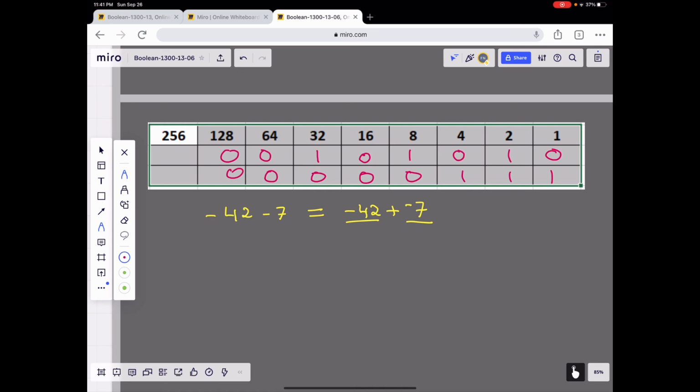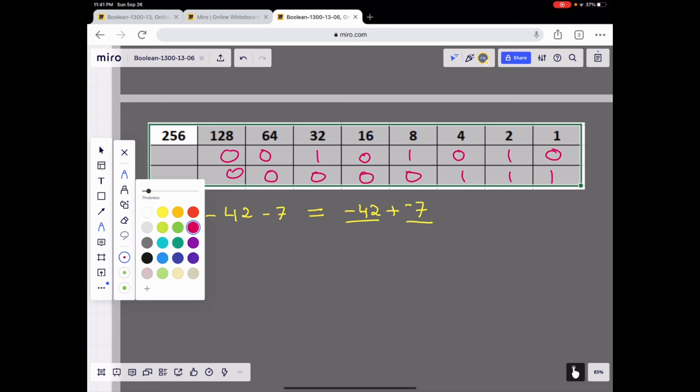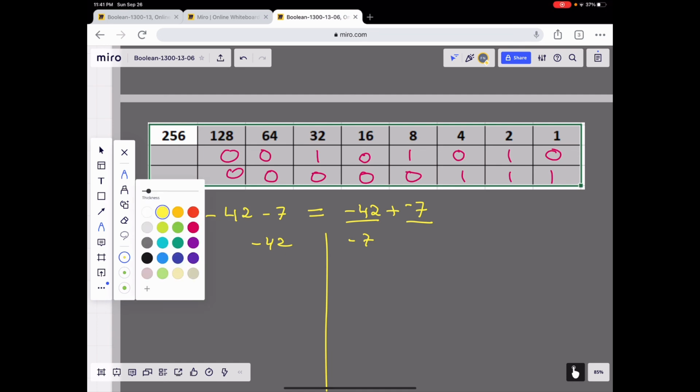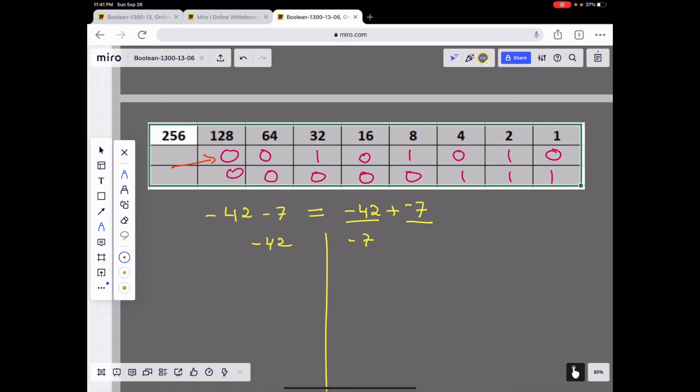So let's do the complement for the first one. I'm going to divide this. I'll do negative 42 to the left, and negative 7 to your right. All right, so I convert the first one here. I flip 0 to 1 and 1 to 0.